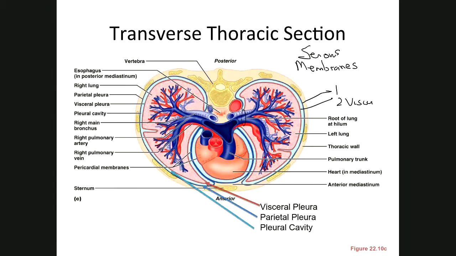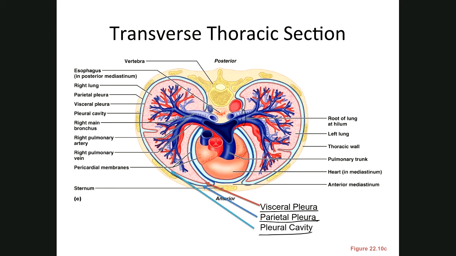And one layer is not touching the lung. That's the parietal layer. And then there's a space in between, the cavity. So we can see all 3 of those things. Remember, these membranes are called pleura. So we have a visceral pleura, a parietal pleura, and a pleural cavity.